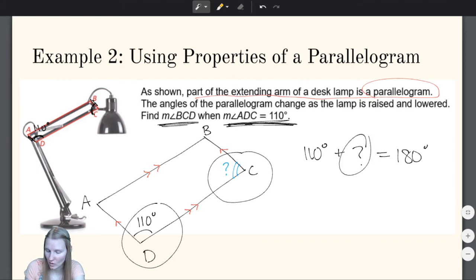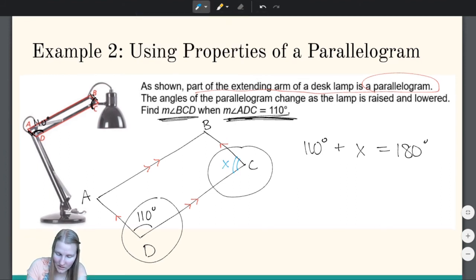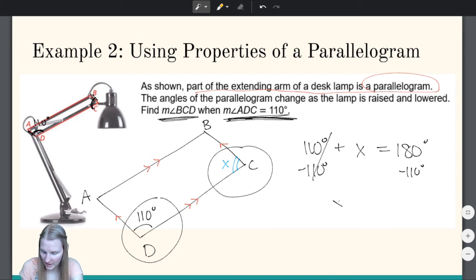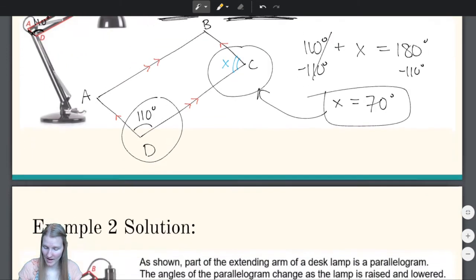If you don't like using a question mark, we can use X. It doesn't matter at all. It's whatever is easiest for you to understand. So if I subtract 110 from 180, I get 70 degrees. So the measure of angle BCD is 70 degrees because of the parallelogram consecutive angles theorem. Let's check and see if we were correct.